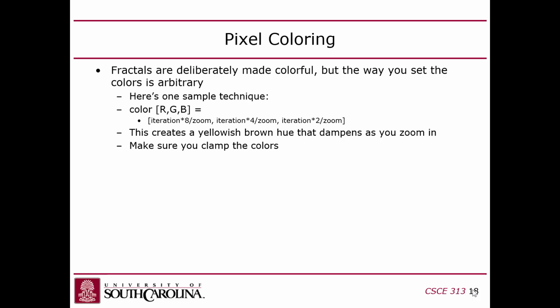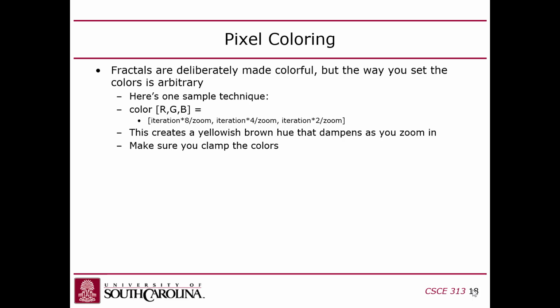And this is where the uniqueness part comes in, because you need to basically come up with a color map, like a color spectrum, right? So one way to do that is to take the iteration and use it to calculate red, green, and blue, but do it differently for each.